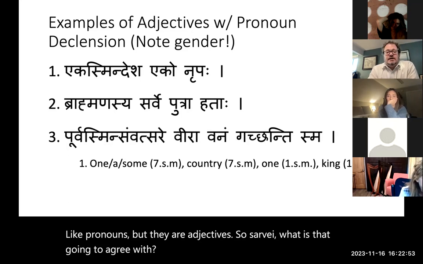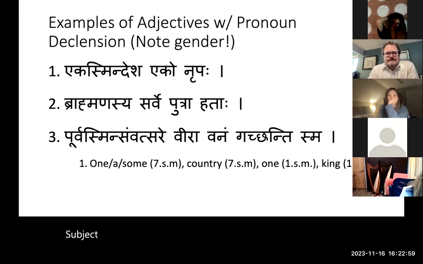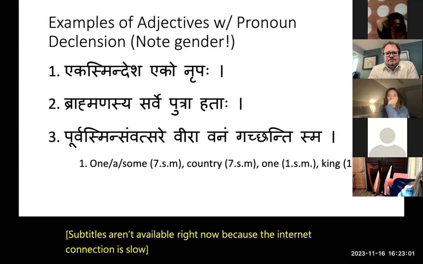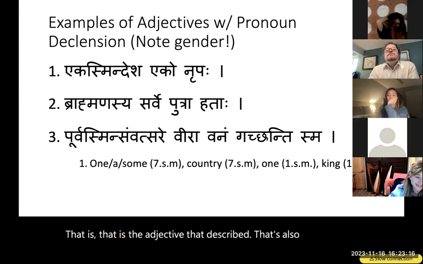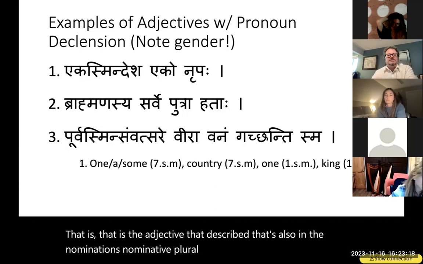Yeah, it's in the nominative case. What else is in the nominative case? The sons. Yes. Putra is in the nominative plural. What is hataha? That is the adjective that's also in the nominative. Nominative plural. Right. That's what I wanted you to get to.